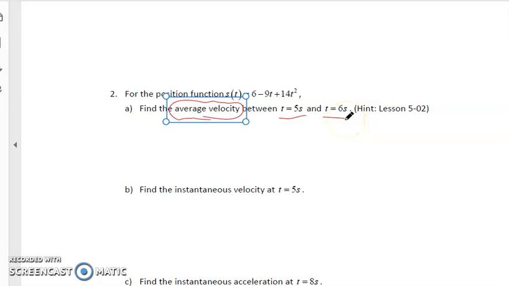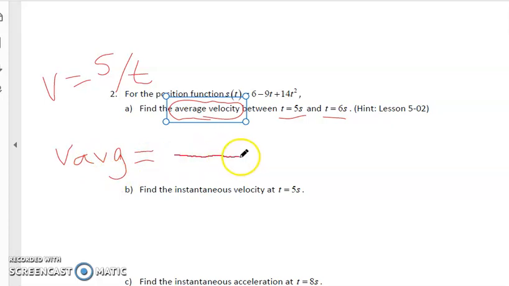That's not your derivative. Between t equals 5 seconds and t equals 6 seconds, well, what you would have to do there, you know your velocity equals your distance divided by your time. Well, the average velocity between those 2 points, I'll just show you what the formula would be. You would have to basically do a calculation for slope, just like rise over run. Now on the bottom, think of your first t there as t1, and think of your 6 seconds as t2.